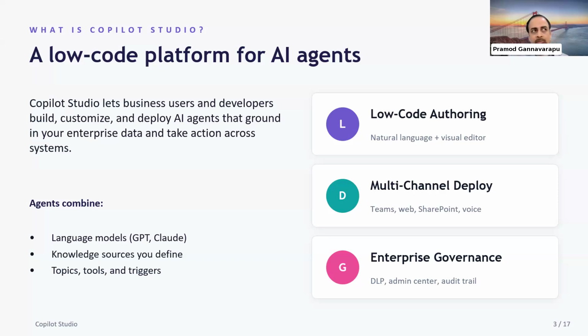You can deploy it as an IVR agent where people can talk to it and it can answer the questions. Any Copilot Studio agent contains language models like Claude and GPT, and the knowledge sources, which are the ones from your company or your team's data, where you can attach SharePoint websites or document libraries.